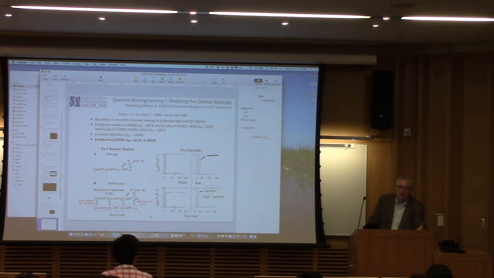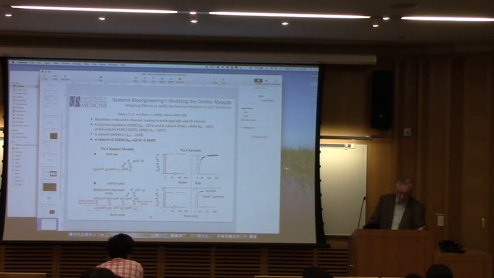Long QT means that the QT interval of the ECG is prolonged. That reflects prolongation of action potential duration. These patients are at higher risk for serious arrhythmias. And so understanding the nature of long QT syndrome and its treatment is important.